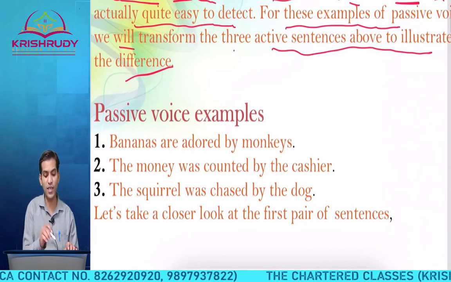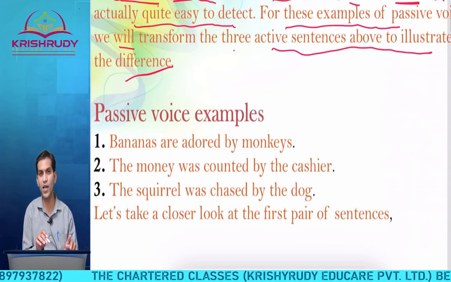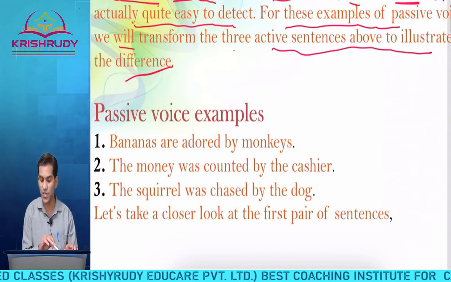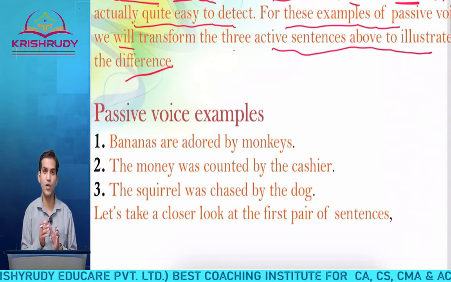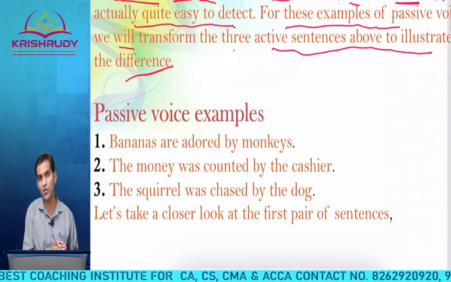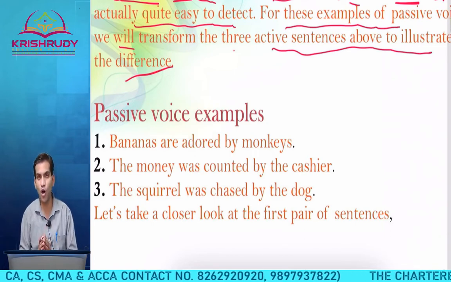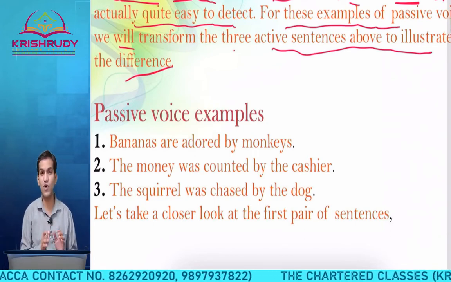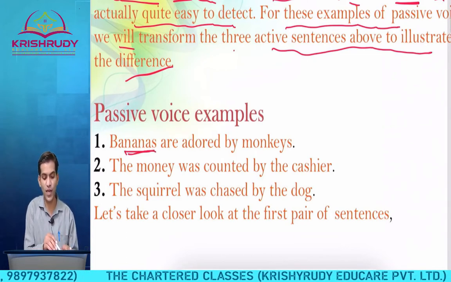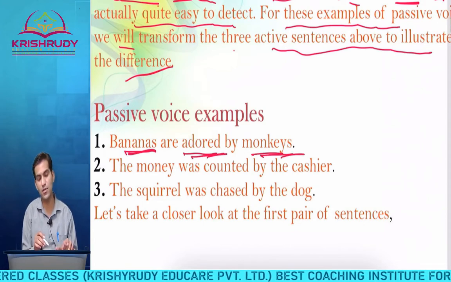Earlier in the example we read that monkeys adore bananas, and you can see here in passive voice that the work is done on the object, right? Here we can say the importance is given to the object, so that's why we will use bananas first. So bananas are adored by monkeys.